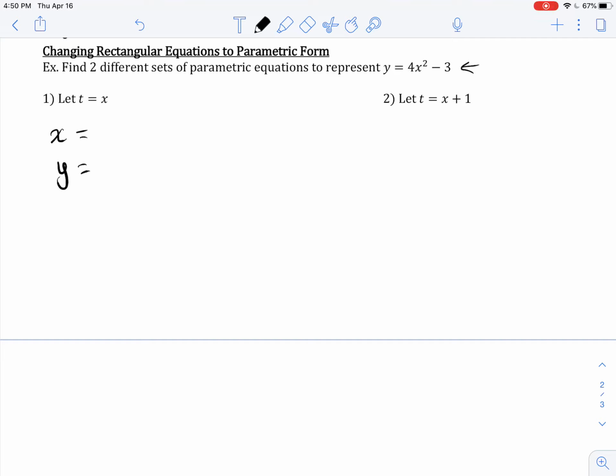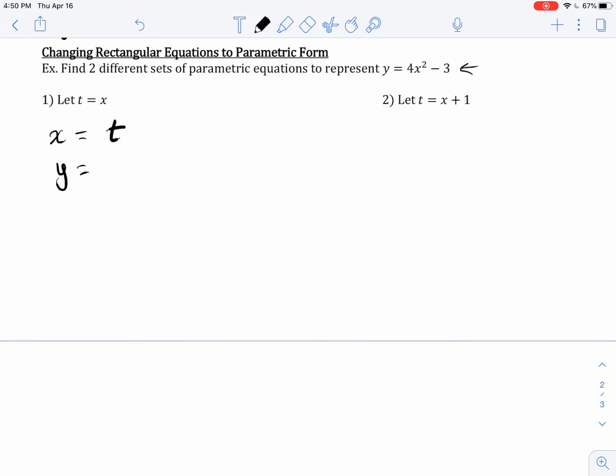Well, don't make this any more difficult than it needs to be. There is no rule that says that your x equation has to be anything super complicated. Why can't we just let x be some function of t? Specifically, let x be equal to t. And yes, it could be that easy. Let x be equal to whatever t is.